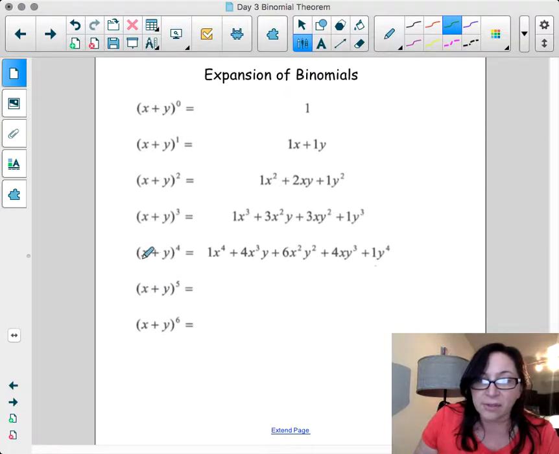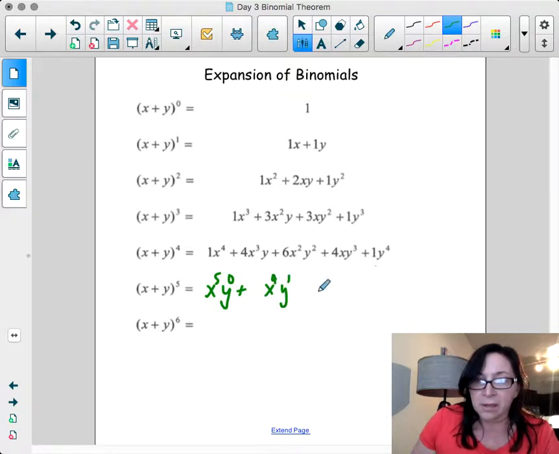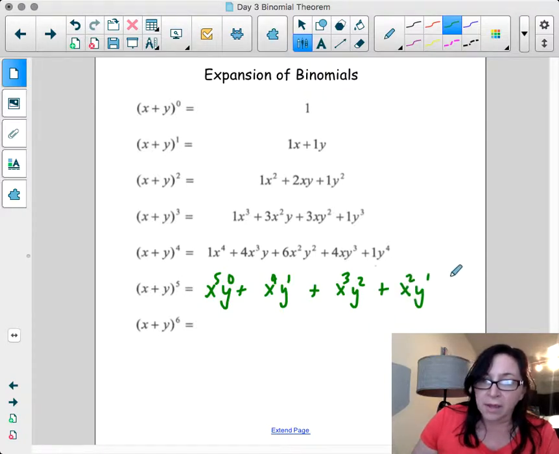If it's x to the 4th, we start off with x to the 4th. If it's x to the 5th, we're going to start with x to the 5th and then no y. So we're going to call that a 0. Plus, then the next term is going to be x to the 4th, 1y. Then the next term is going to be x to the 3rd and 2 y's. And the next term is going to be x to the 2nd and 1y.